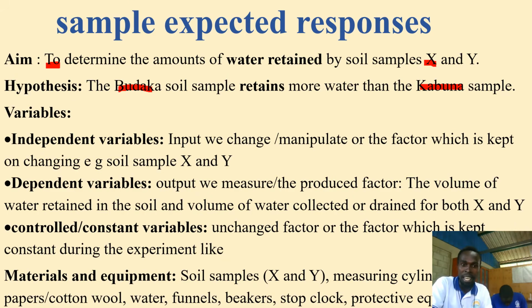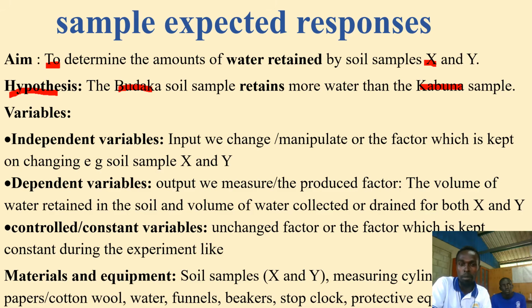Hypothesis. I've minimized my scenario, but many times we can get the hypothesis very clearly from the scenario. Let me just cook one scenario here. One farmer in Budaka, also owning land in Kabuna, wanted to plant pineapples.